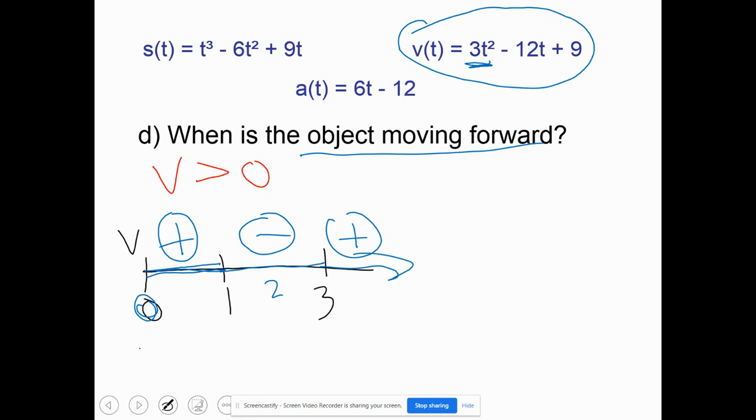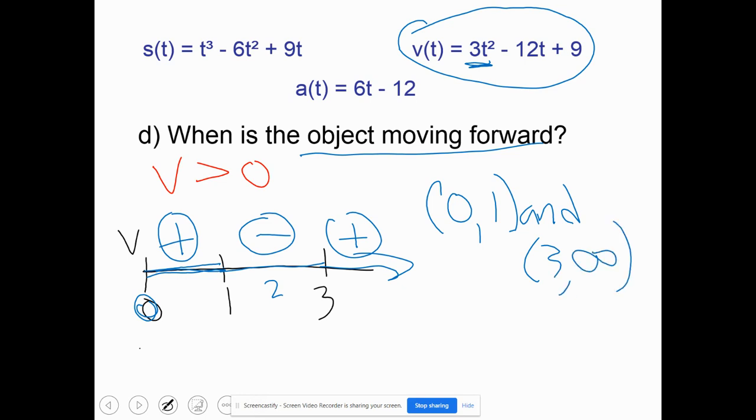It's moving forward from the intervals from 0 to 1 and from 3 to infinity. You can also write this as 0 is less than t, which is less than 1, and t is greater than 3.